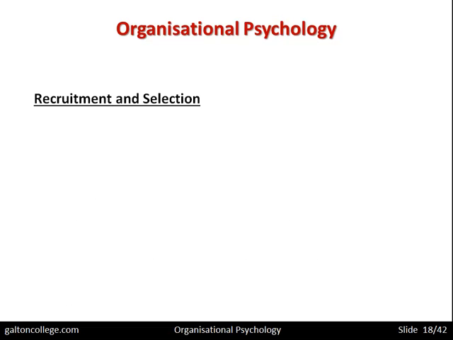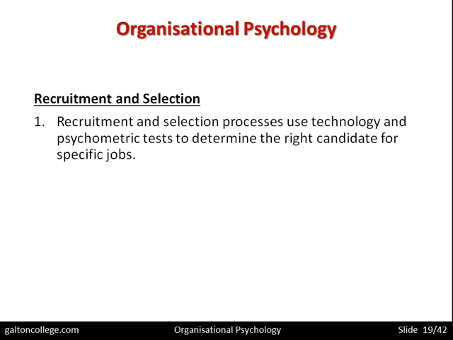Now also, organizational psychology is applied in the case of recruitment and selection. Recruitment and selection processes use technology and psychometric tests to determine the right candidate for specific jobs.